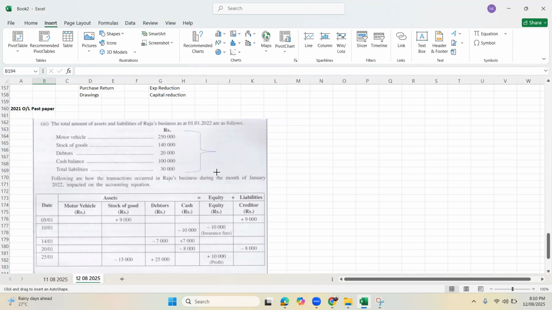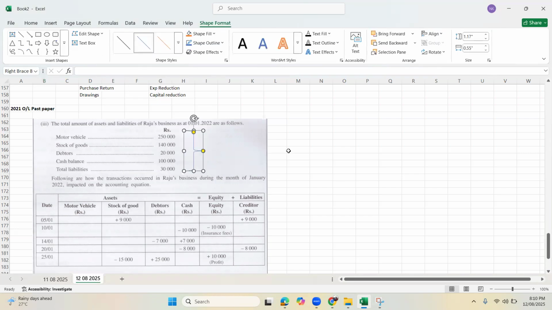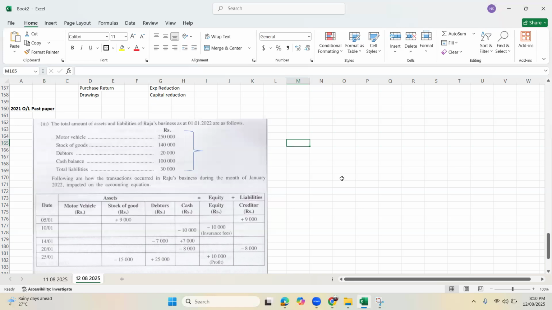Assets subtract from liability. Assets minus what? Liability. Very good. So here you can find capital equals assets minus liabilities.